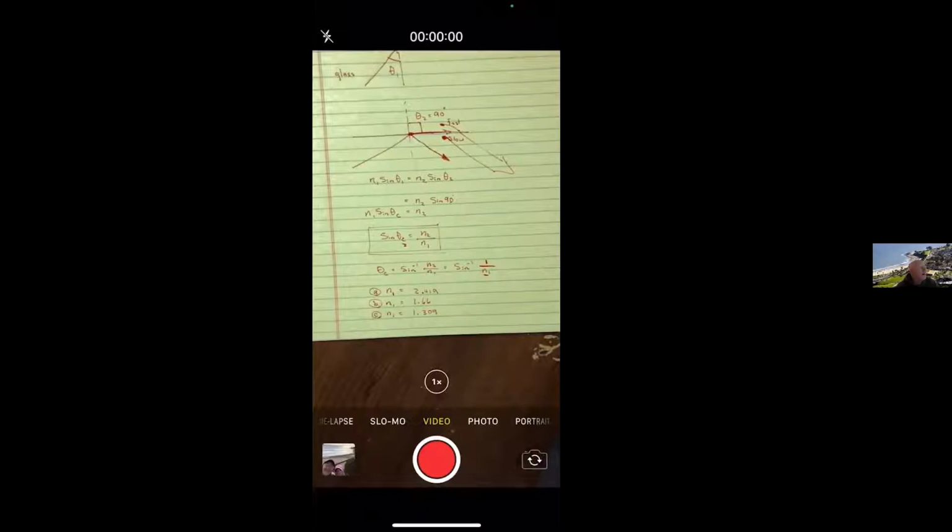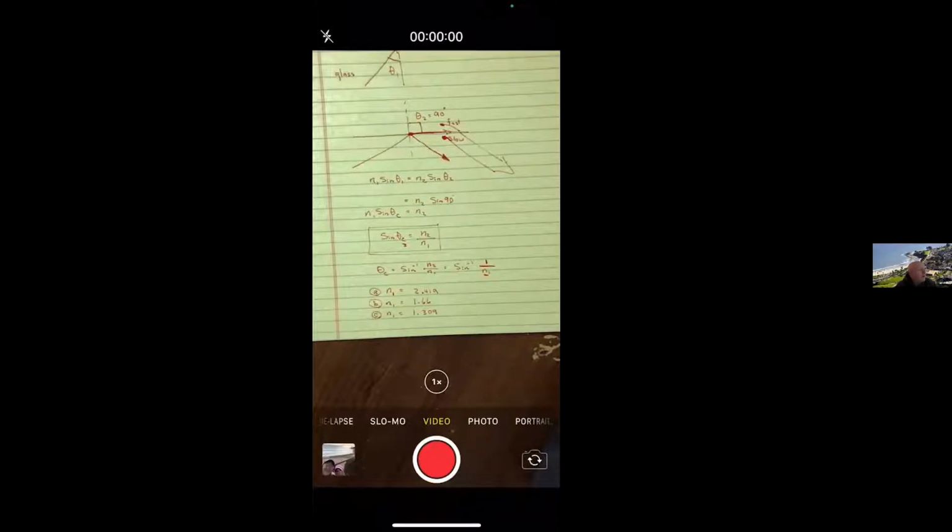Now, by the way, if you're interested, if you go down to page 992, you will see a figure at the bottom of that page, figure 35.21, that shows a graph, and it has crown glass, acrylic, and fused quartz.